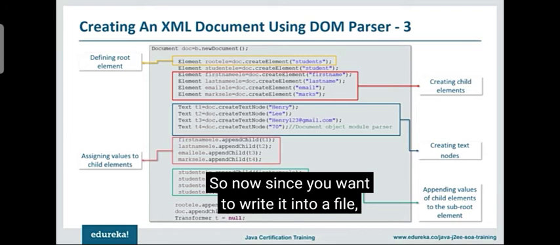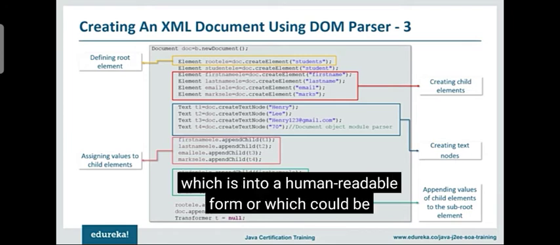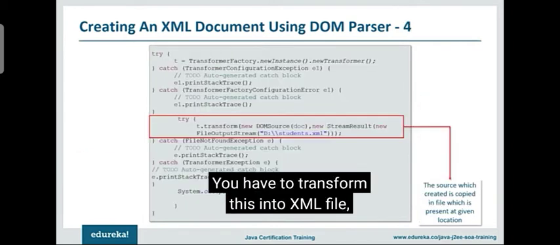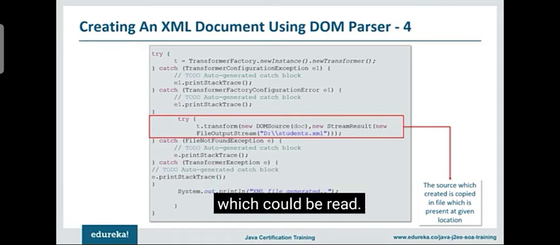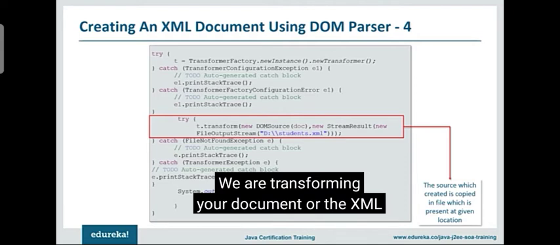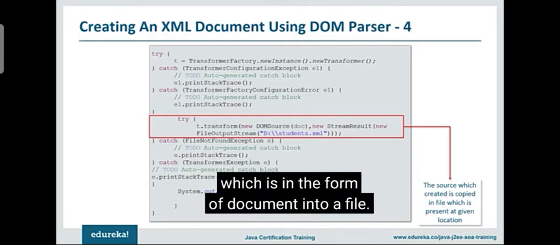Now, since you want to write it into a file, which is in a human readable form, or which could be passed across the network, you have to transform this into an XML file, which could be read. So that's what we do here. Through transformer, we are transforming your document, or the XML, which is in the form of a document, into a file.